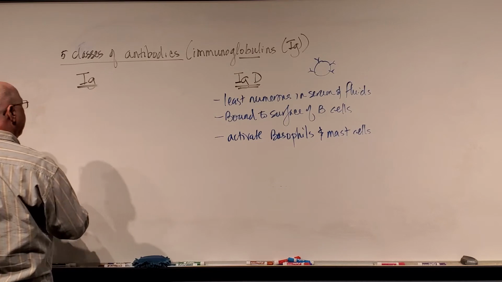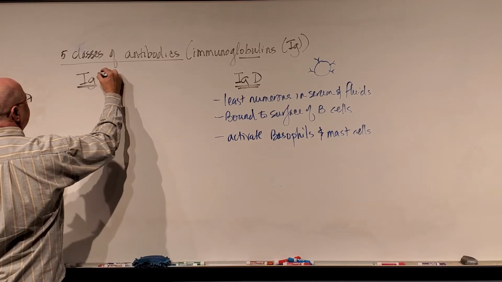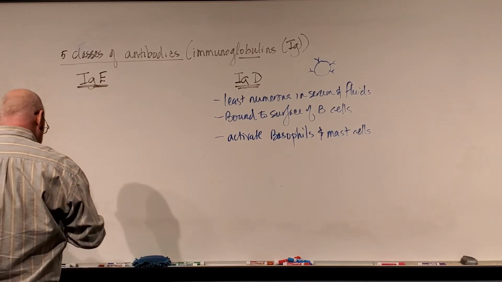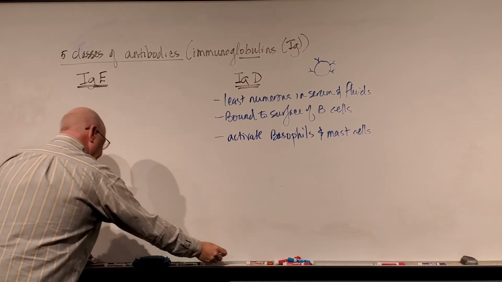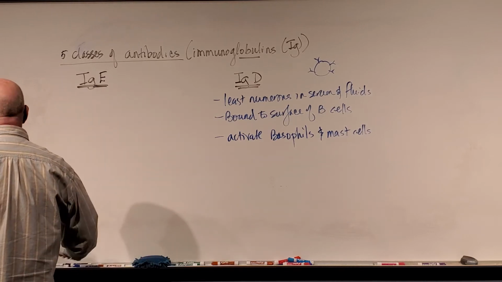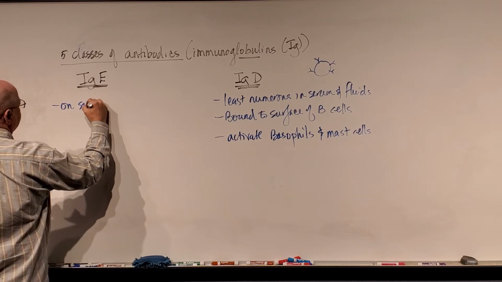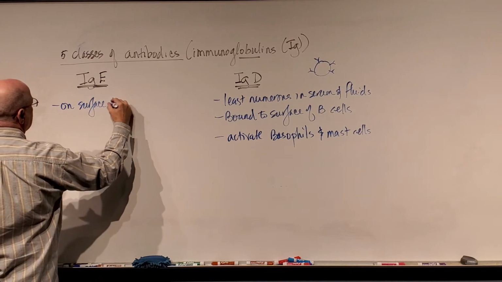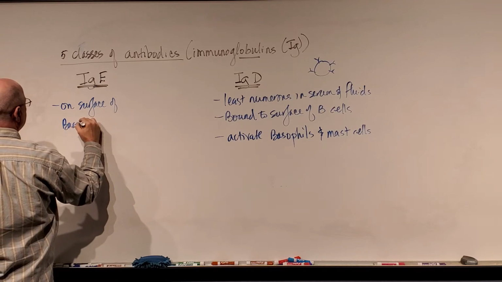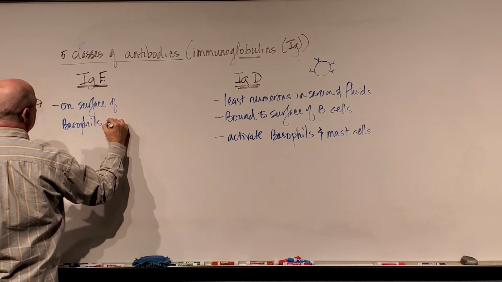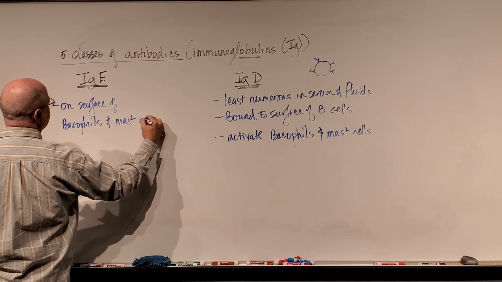If we were to talk about IgE, or immunoglobulin E, there's a few things to know about immunoglobulin E. Okay. So for IgE, they are on the surface of basophils and mast cells.